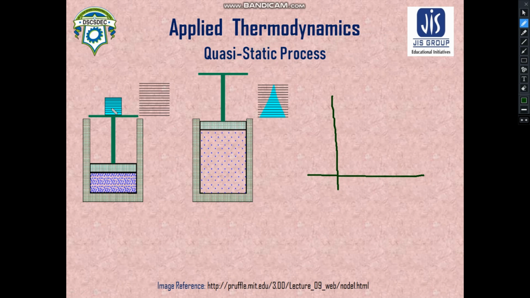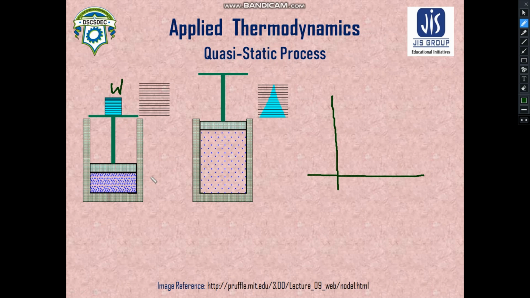As I have explained earlier, there is a certain weight W over here, and this weight W is divided into a numerous number of weights. It is quite understandable that these individual weights are much lesser. So if we start removing these lesser weights one by one, then what will happen? The piston will start moving in the upwards direction.